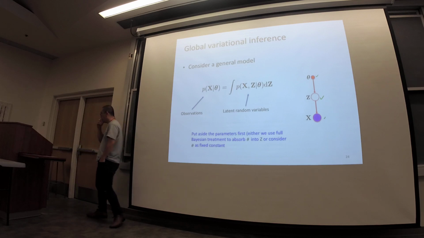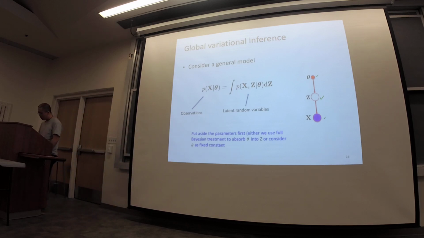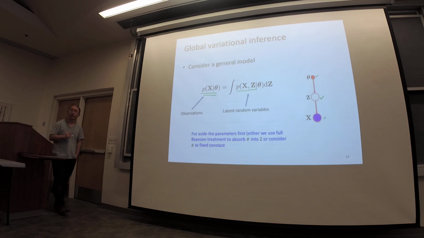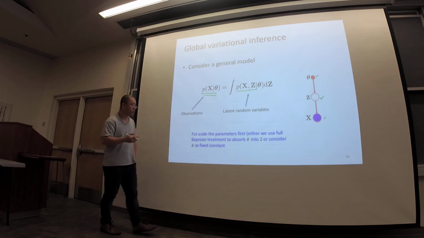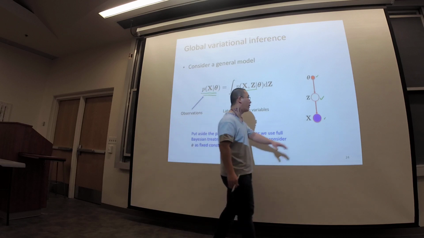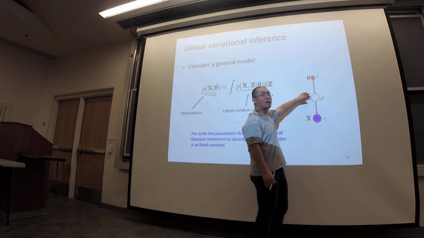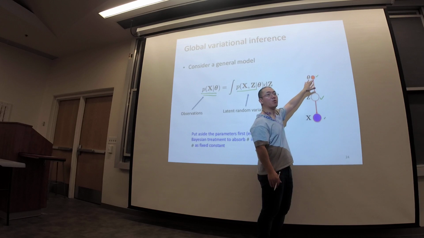Again, if I want to compute the evidence, the marginal distribution of the observed random variables X given a particular theta, I have to integrate out the latent random variables in the joint probability, right? As for now, I just assume theta is known and fixed. If you don't like it, you can assume I move theta into Z and assign some uninformative prior on it.